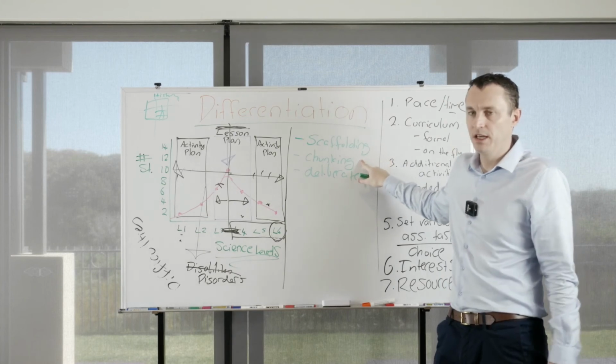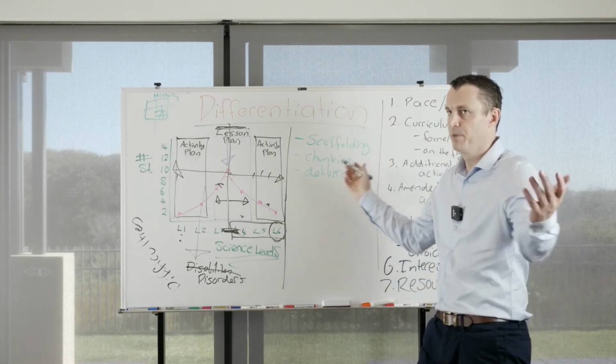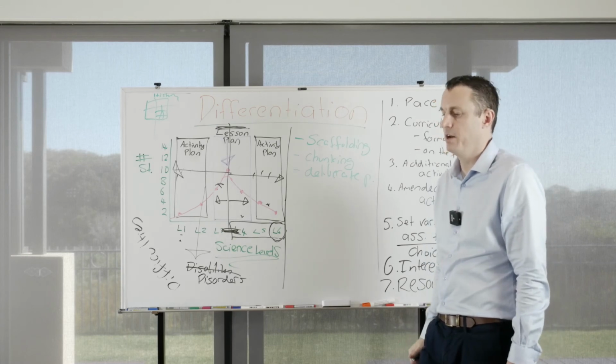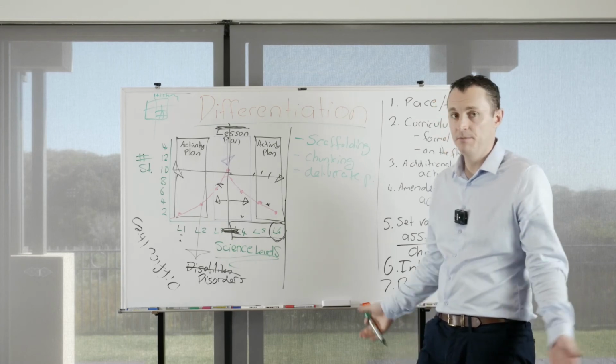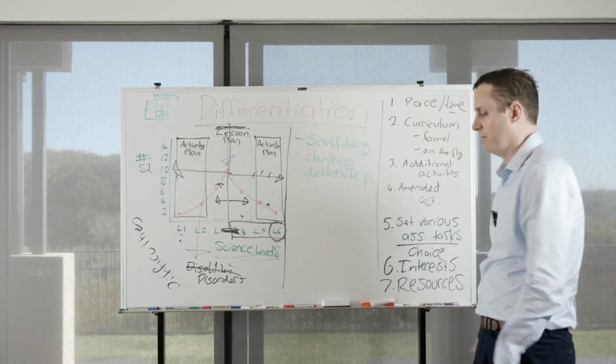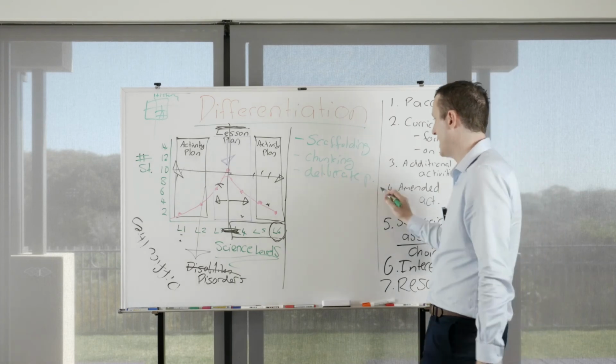Another way to describe chunking is you can divide a maths question into 6 steps. But if you really look at it closely, you could potentially divide a maths question into 20 steps, 2 steps, 4 steps, whatever. So you divide problems and processes down in various different ways depending on the student. Deliberate practice.